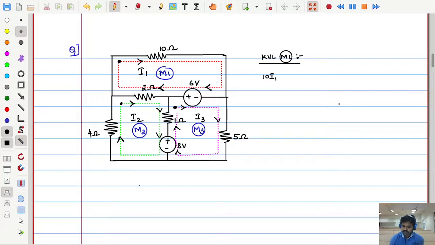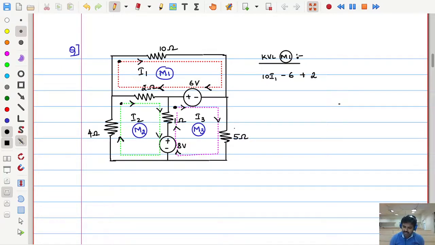Next, as I move further, I come across the 6 volts source, so minus 6. As I move further forward, I come across the 2 ohms element, so 2 into (I1 minus I2).